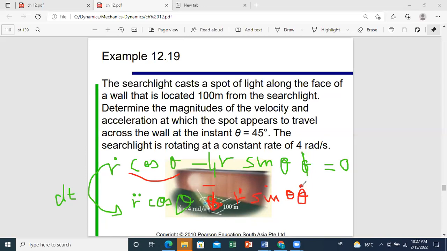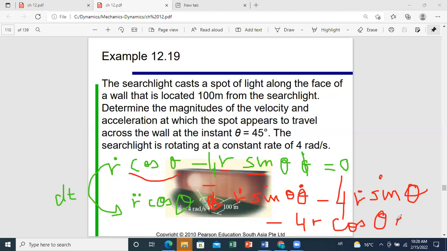And finally you have this term. For this term you have minus 4, times this is u times v, so minus 4 r dot sine theta, and the derivative of sine with respect to theta is cosine, and we multiply by theta dot, so minus 4 r cosine theta times theta dot, which is 4. Then you can get what r dot dot is.